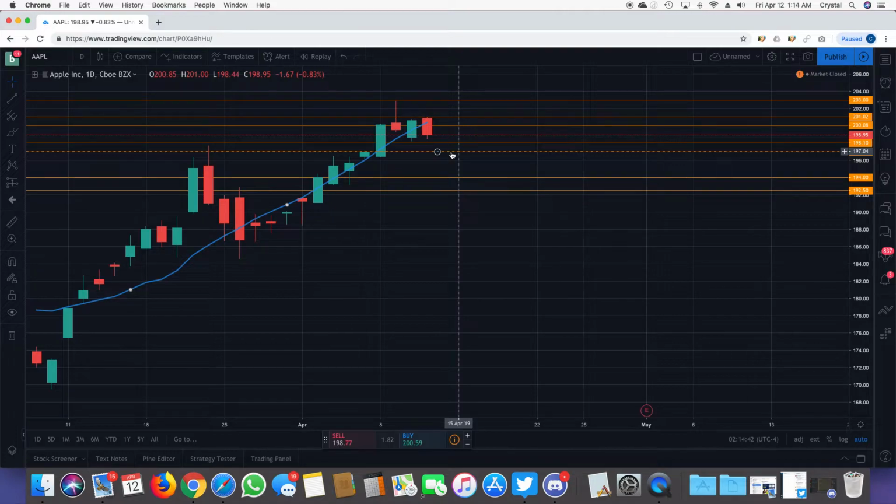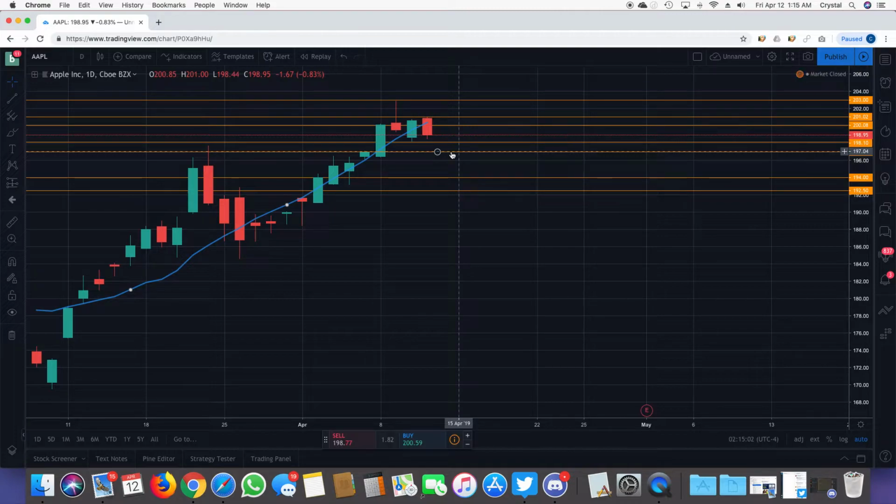Now, obviously you need to assess your trade at each level. So if you already have your entry, exit, and stop planned in advance, you can kind of plan ahead, and so it won't throw you off.